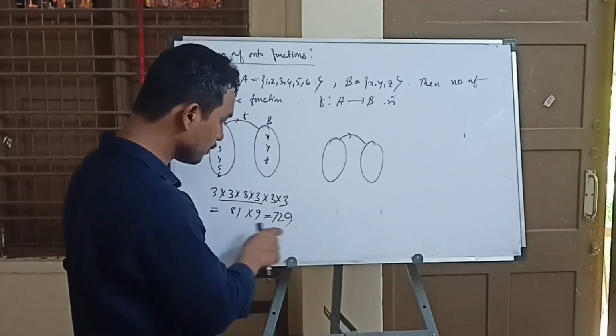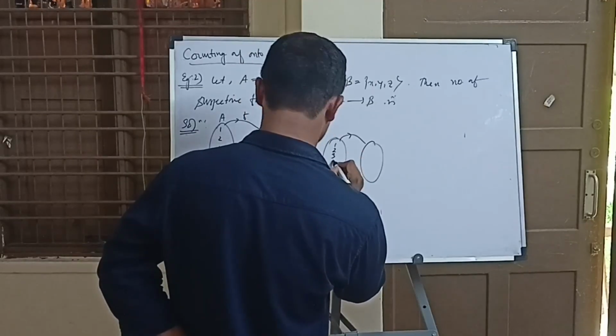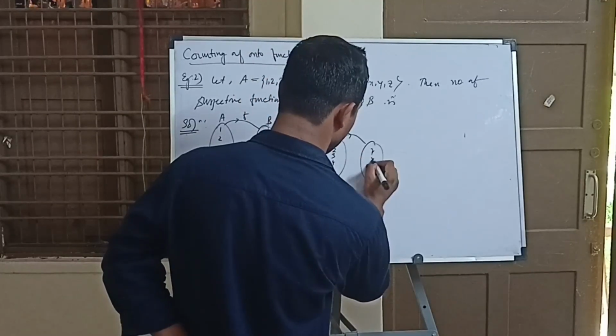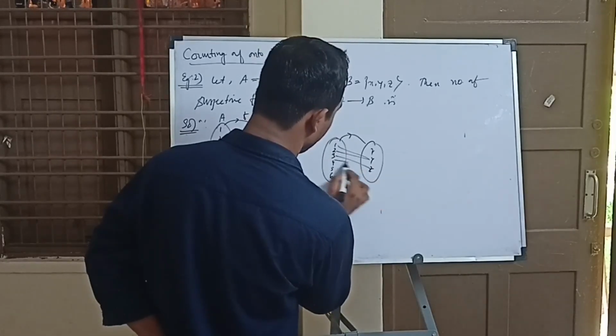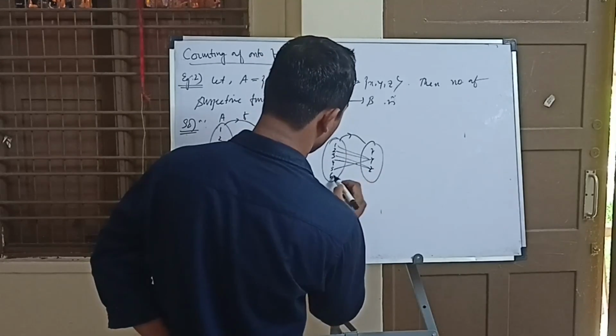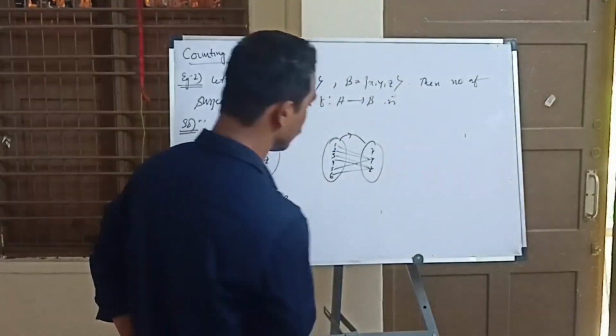Among these 729 functions, we have to remove this kind of functions where the mapping is like this. Correct? Because this function is not onto.